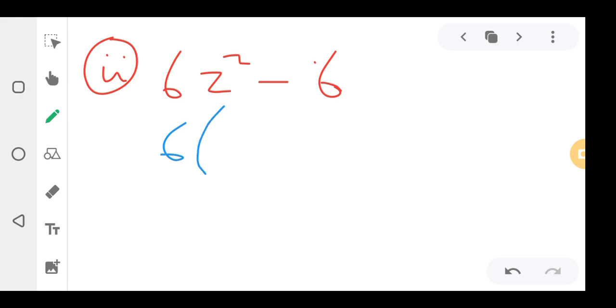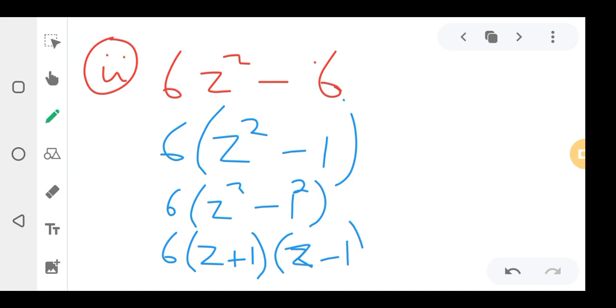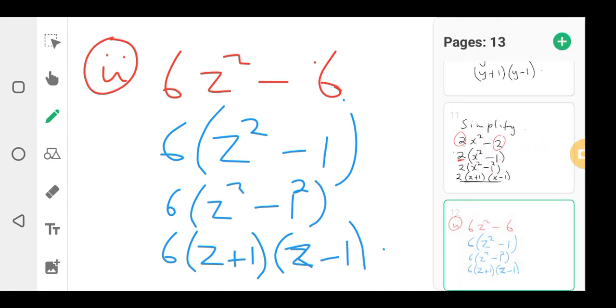This is question 2. So z squared, 6 into 6 here, it's 1. And then it will be 6, z squared minus 1 as a perfect square. We said we put a squared on top there. And then that will be z plus 1, open bracket again, z minus 1. That's how you solve this type of questions.